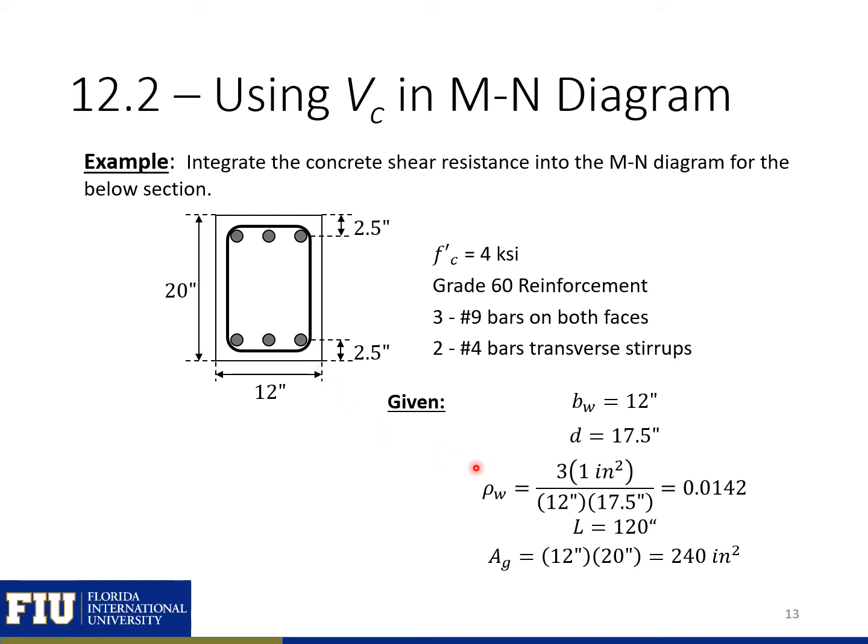We're given the data shown, and 2 values that we'll need to calculate are our rho_w, which is just 3 times 1 square inch, which is the area of our number 9 bar, divided by 12 inches, our b_w, times d, which is 17.5. So here we'll get a rho_w of 0.0142. We also have our gross area, which is just the base times the height, so 12 times 20 is 240 square inches.